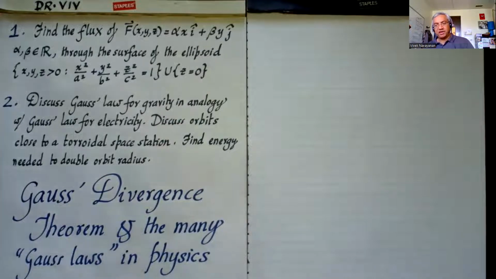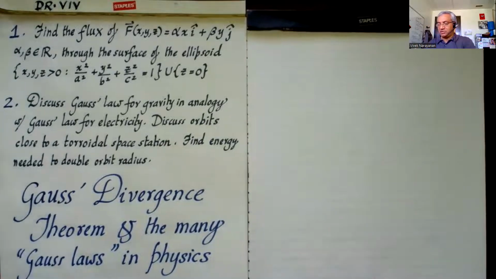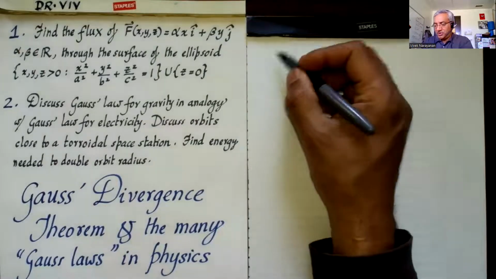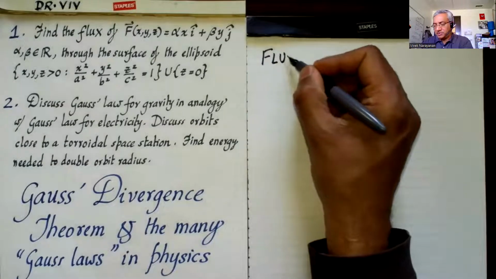So we'll find the flux just in an honest, simple-minded fashion. It's going to be a hard calculation, so brace yourselves. Let's just recall what's meant by the flux of a vector field.